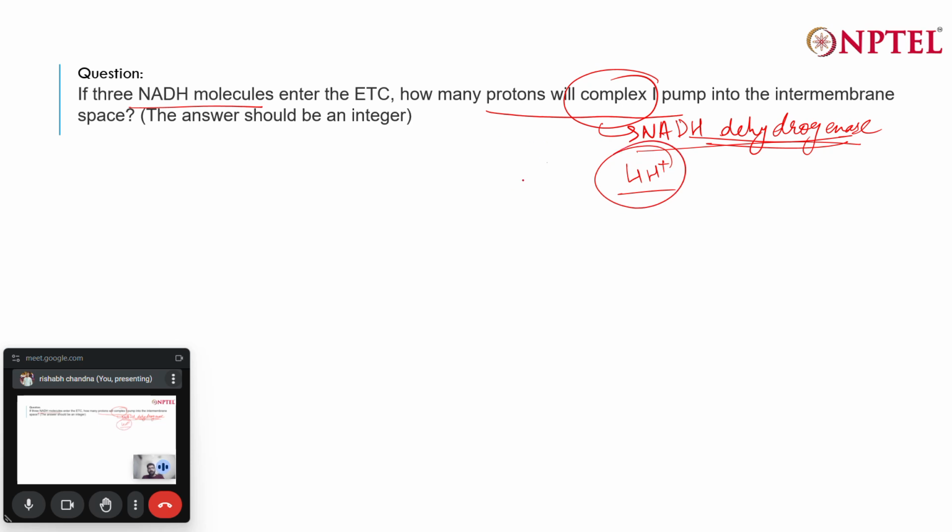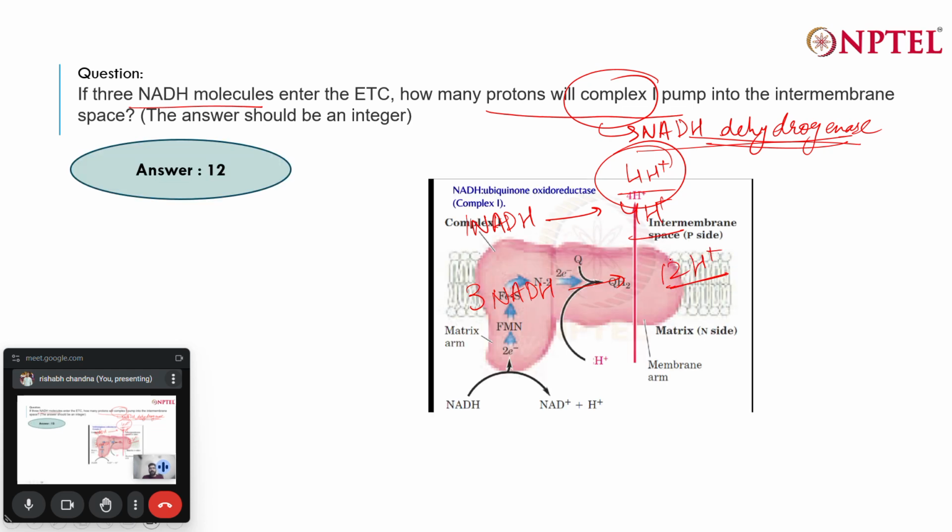So from one NADH that is being dehydrogenated, 4 H plus are being passed. So from three NADH molecules, it would be 12 H plus. Okay, so the correct answer is 12, and here is the NADH oxidoreductase complex 1 basically.